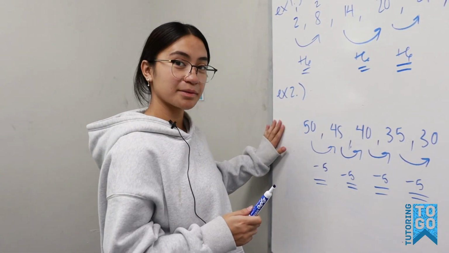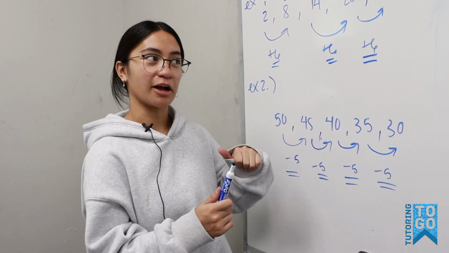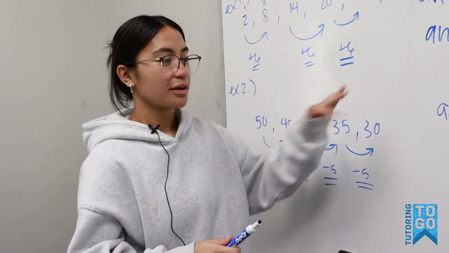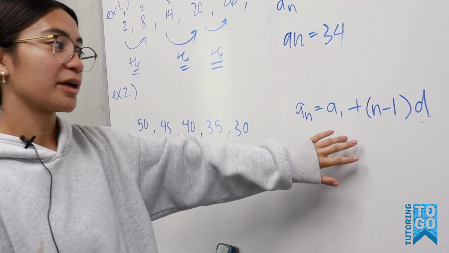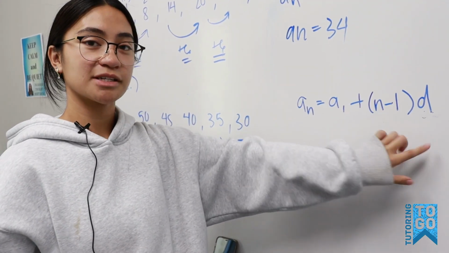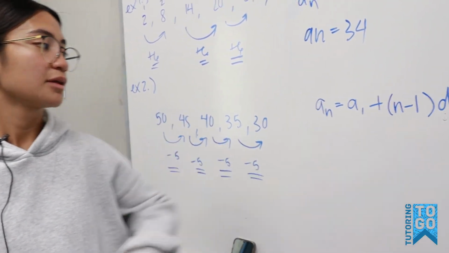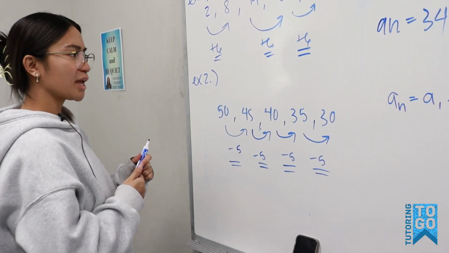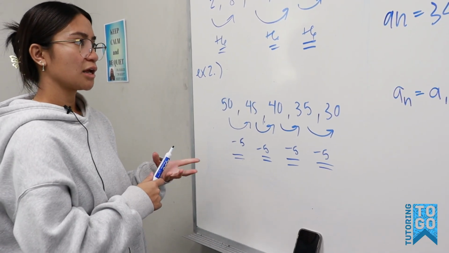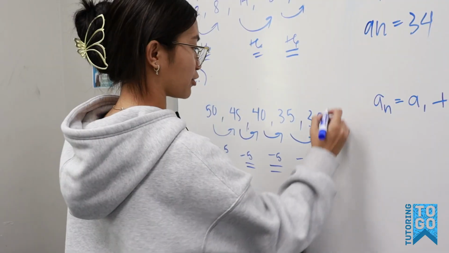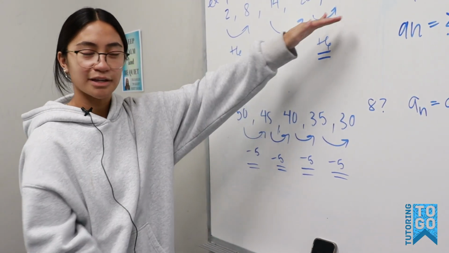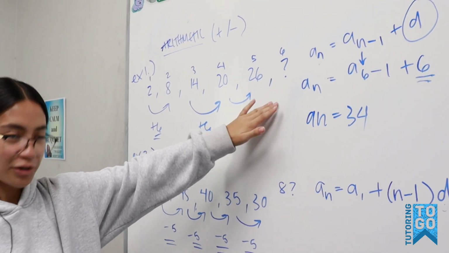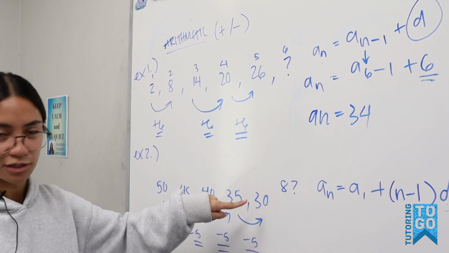So for our second example, we're going to be utilizing our explicit formula. To remind you guys, the explicit formula is an equals a1 plus n minus 1 times our common difference. So if we want to find, let's say, the 8th term, we don't know what the 8th term is, and we can't utilize the recursive equation because we don't know the 7th term.